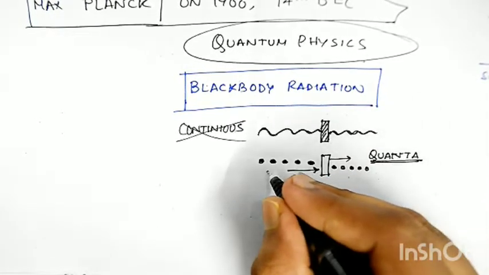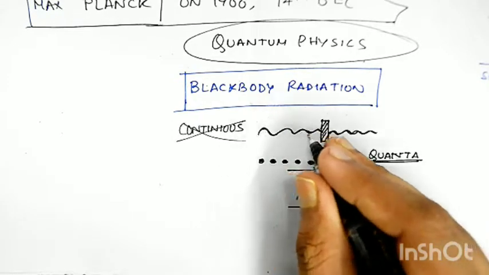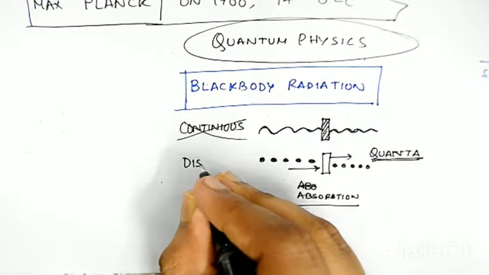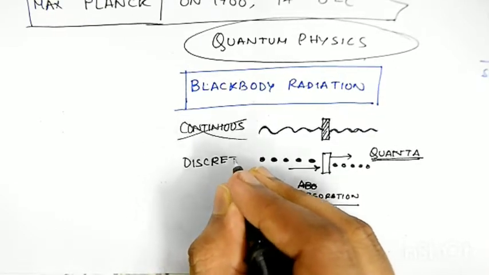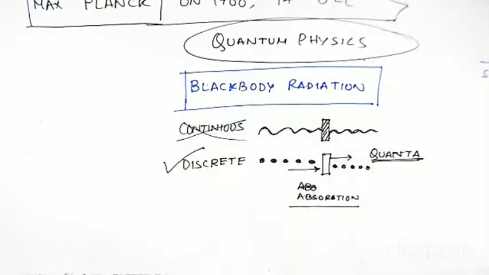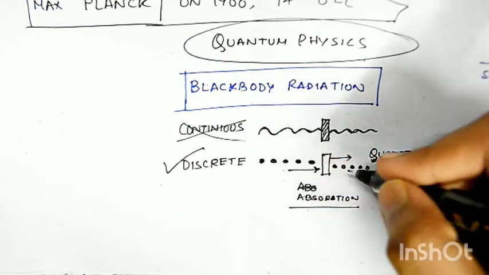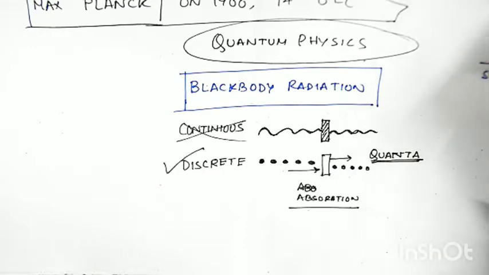You can see they are not continuous like this, they are discrete, that means separate. Clear? This is how energy travels. This is the method of energy traveling in physics.